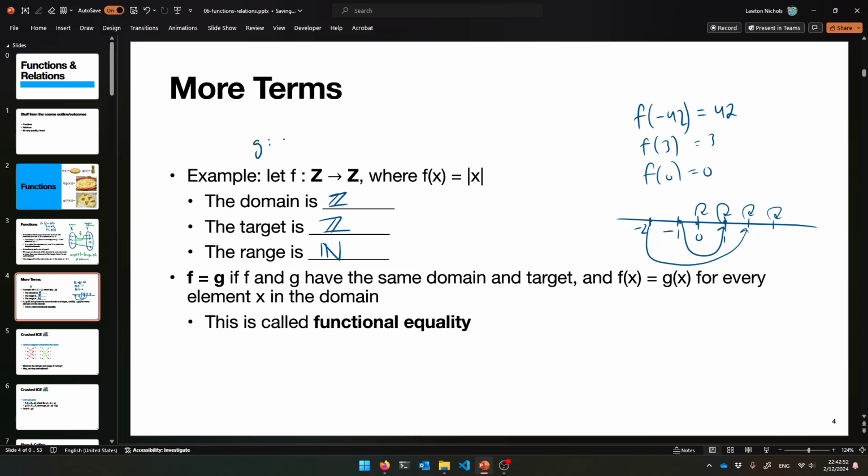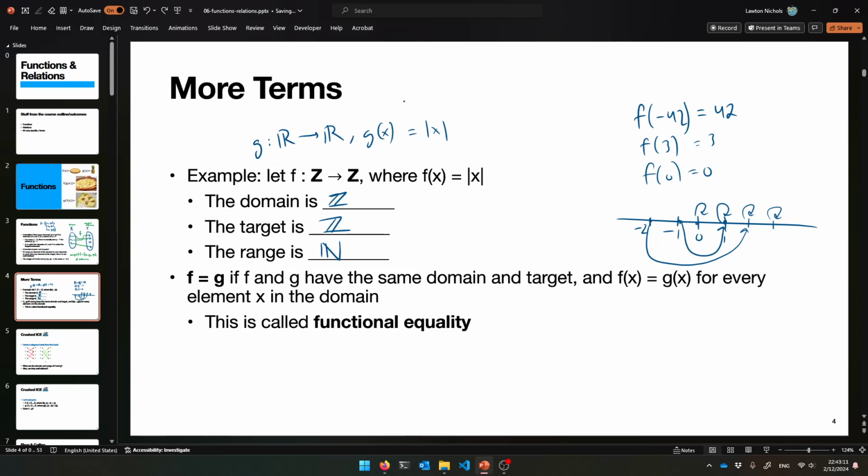Let's say that g is a function from real numbers to real numbers. Its domain is real numbers, its target or codomain is real numbers, and g of x is equal to the absolute value of x again. This one is a different function to this one. Do you see that?